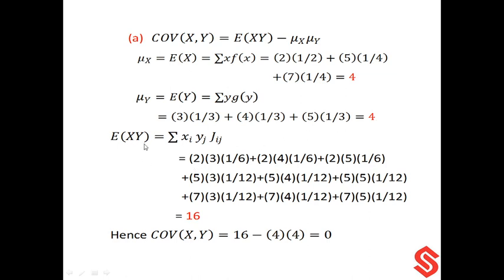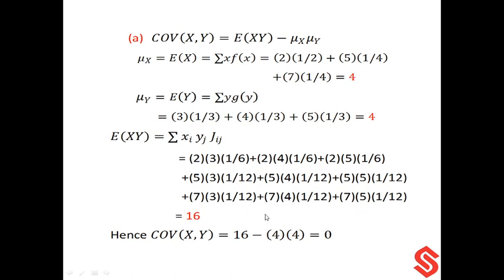Next, expectation of xy, it is summation xi yj jij: x1 y1 j11, x1 y2 j12, x1 y3 j13, x2 y1 j21, x2 y2 j22, x2 y3 j23, x3 y1 j31, x3 y2 j32, x3 y3 j33.